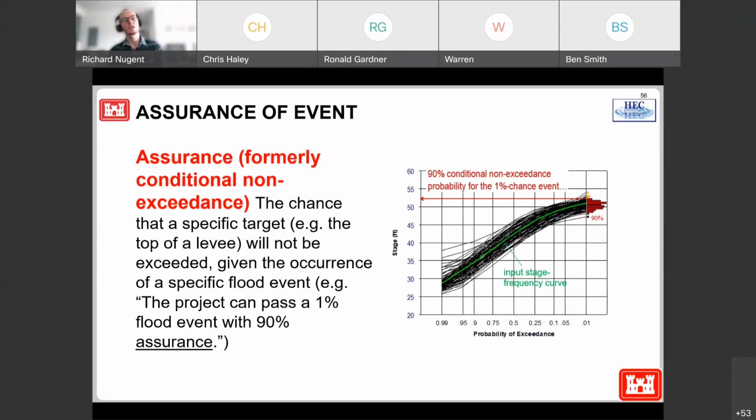And that's represented by the red bars of the histogram that you see on the screen. So the red bars give us the relative frequency of stages below the target stage for the 1% event. Okay, so we are 90% sure that the 1% event will not overtop the levee. That's what we're saying here.